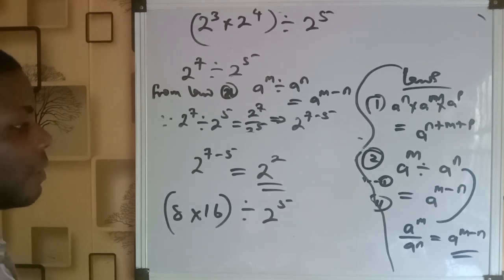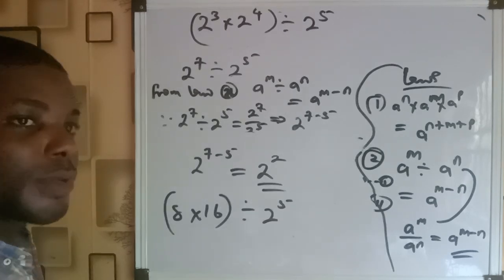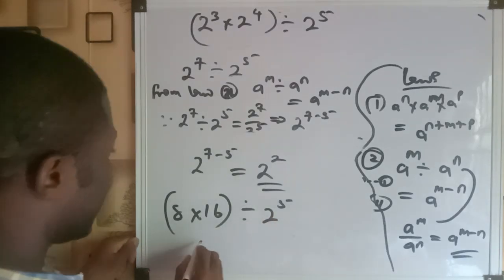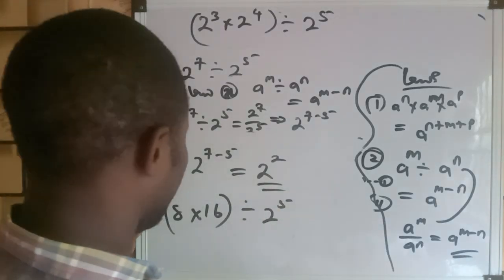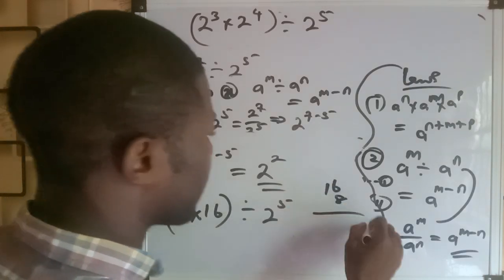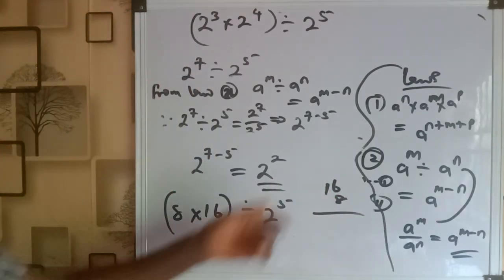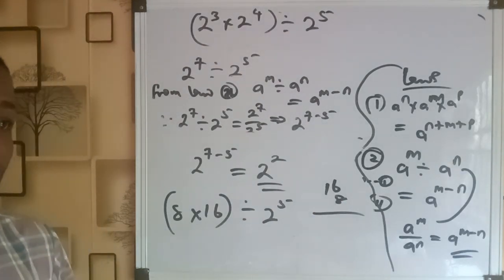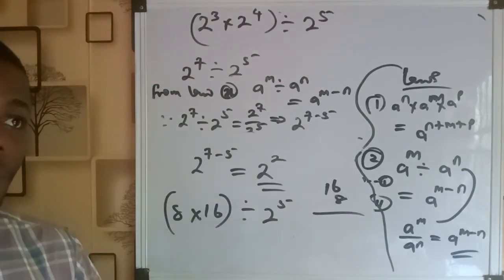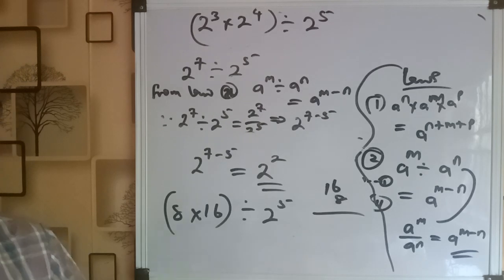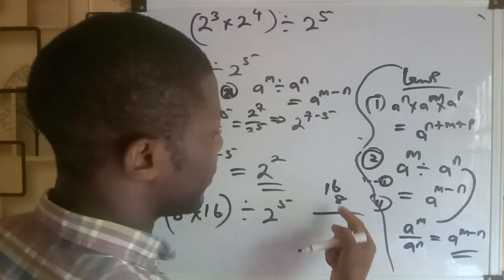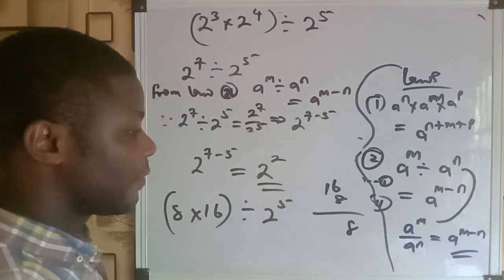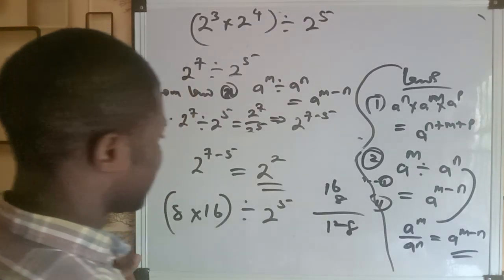Which is 2 times 2, 4 times 2, 8 times 2, 16 times 2, 32. So you can have 8 times 16. You can break it down to 8 times 6, which is 48, 8 carry 4. 8 times 1, 8 plus 4, 12, 128.